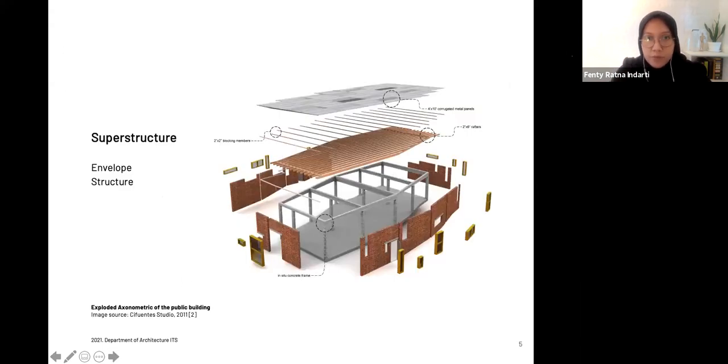I think we have mentioned several times that in the superstructure, we have what we call the envelope. It's for protecting the indoor environment. And then we have the structure. The structure helps the envelope to stand as well as distribute loads and make the form like what we want.